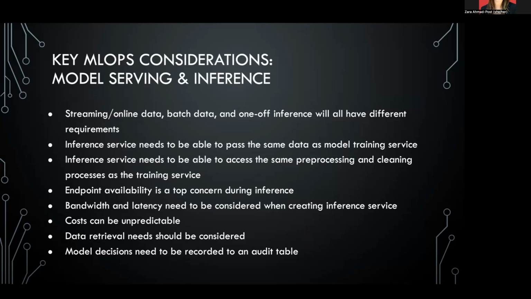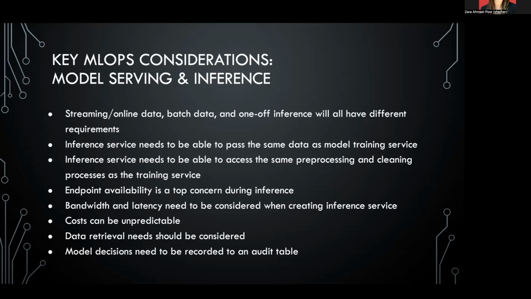So you can't have features or data that is not pre-processed or not engineered go through your inferencing stage, because your model's not going to recognize it, right? It's going to be the wrong data type, or it's going to be out of bounds, whatever that might look like. Your inference service needs to be able to access the same pre-processing and cleaning processes as the training service. So that's another argument for having your pre-processing and cleaning processes as their own microservice.